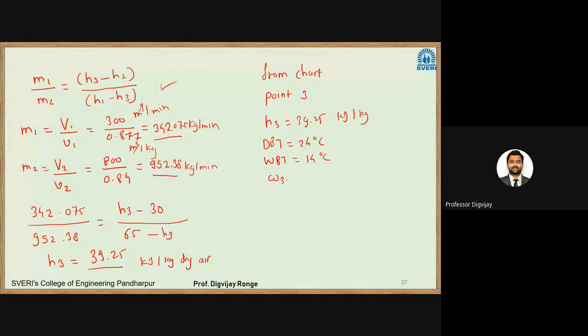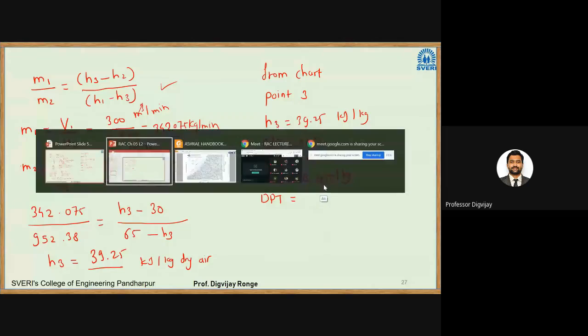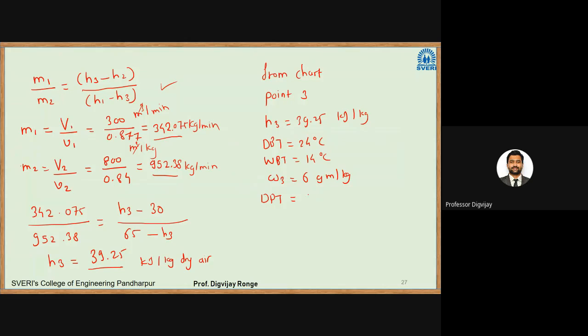Specific humidity, W3, is nothing but here 6 grams per kg. And dew point temperature, as we have calculated, how much it was? Okay, so that was something nearer to 5 degrees Celsius. Okay, sorry, that was not 5, it was related to 13 degrees Celsius. Okay, so these are all your answers.